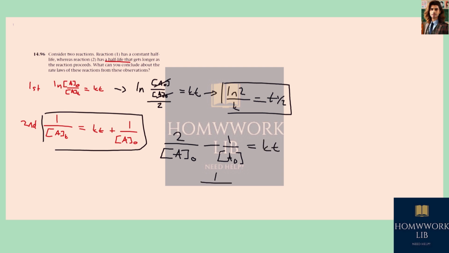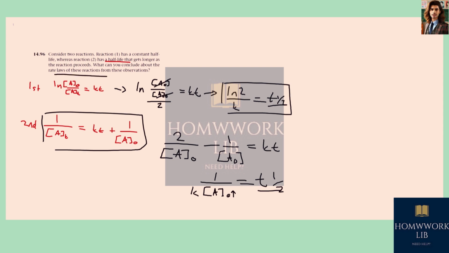So we're going to have 1 over A0, divided by k, equals t, the half-life. Now, if you look at these two equations, if I increase the A0, my half-life will decrease. Whereas here, there's no change with the A0 at all that is going to affect our t1/2.